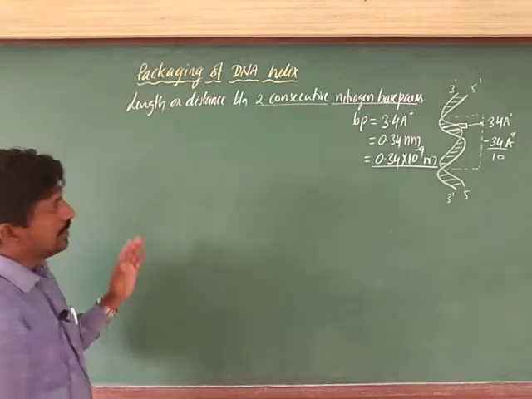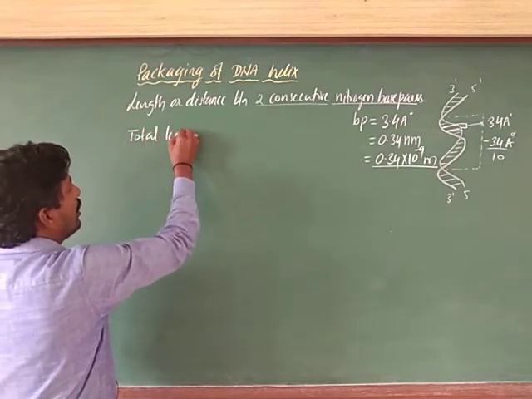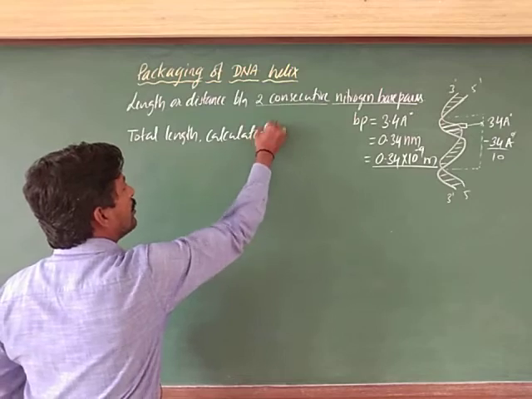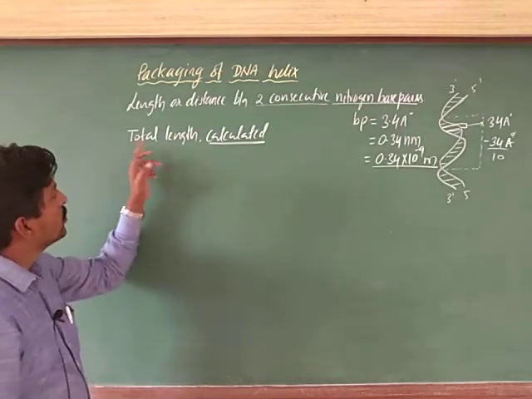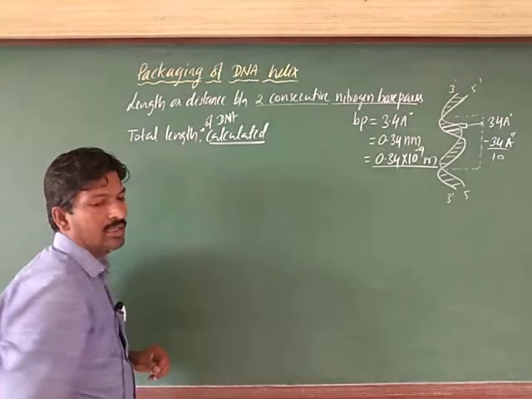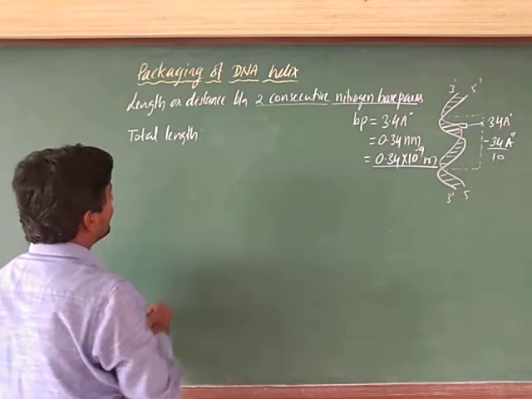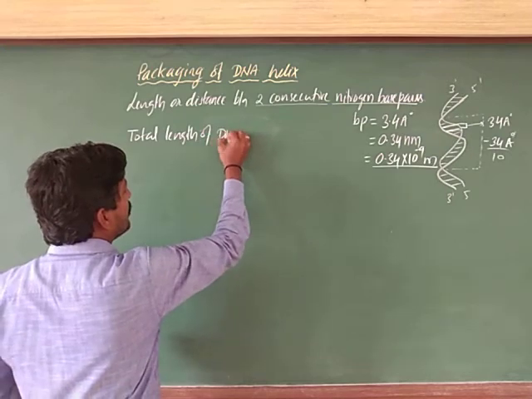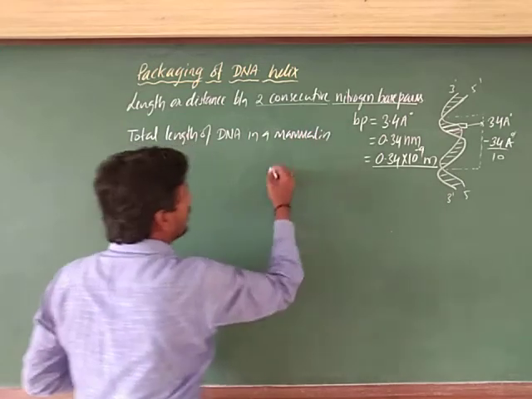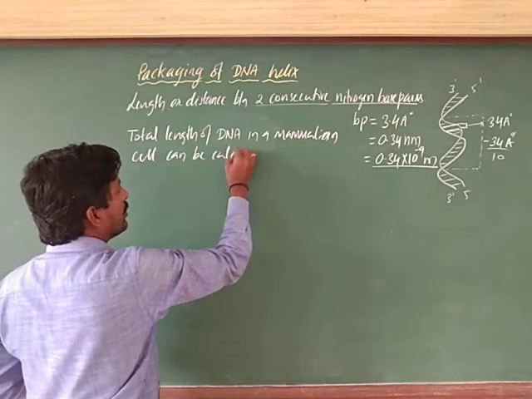Now, the total length of the whole DNA of a typical cell, the total length of DNA in a typical mammalian cell, can be calculated.